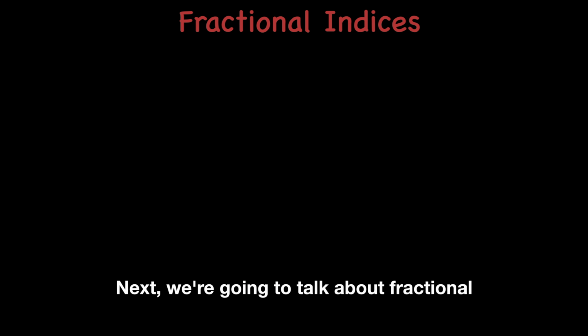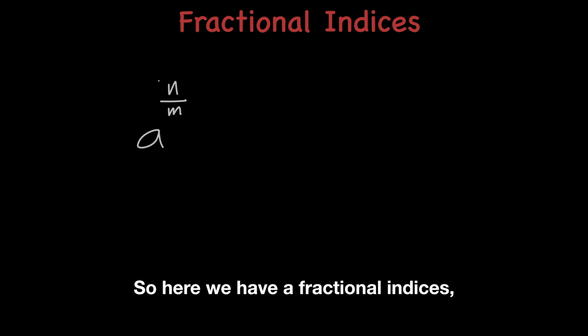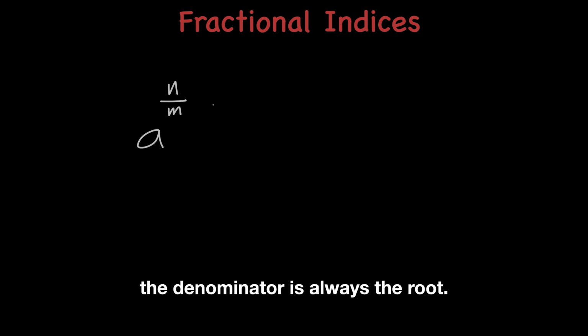Next, we're going to talk about fractional indices and what do you do in that situation. So if you're given a to the power of n divided by m. So here we have a fractional index, and the numerator is always the power and the denominator is always the root.